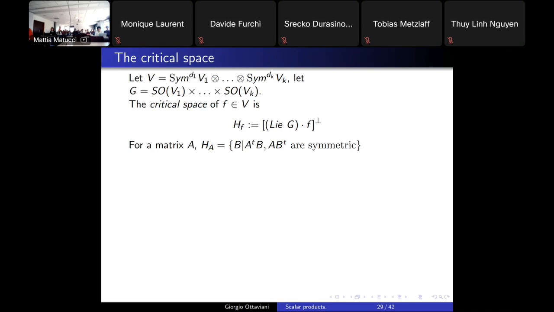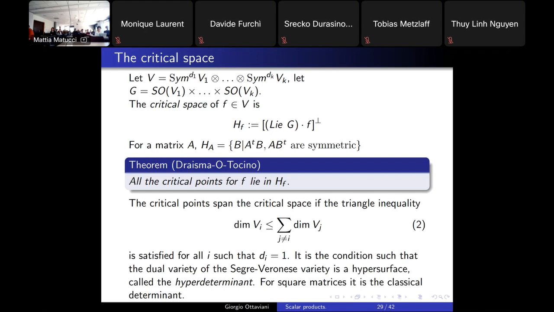Exercise: for a matrix, the critical ones are given by the B such that both are symmetric. So it's a linear equation in A.